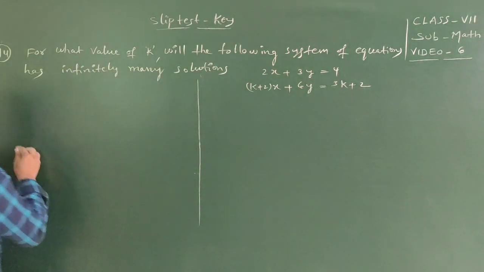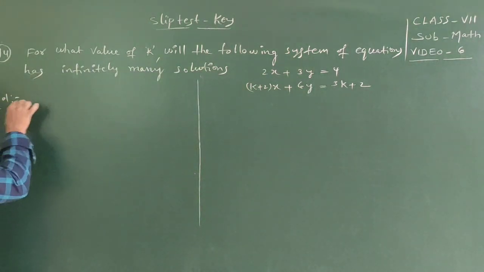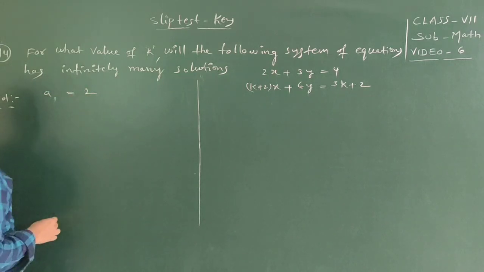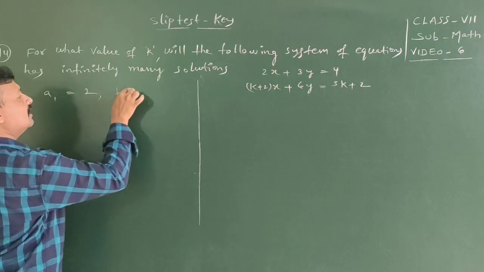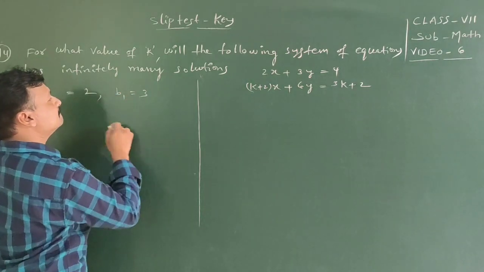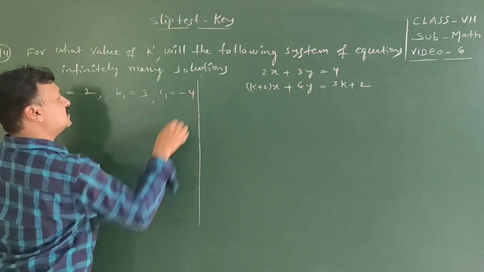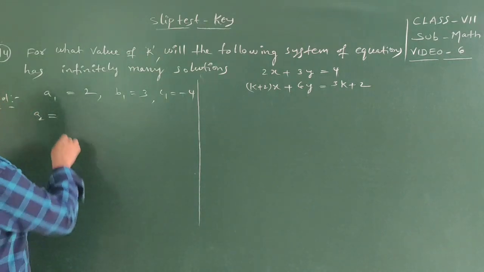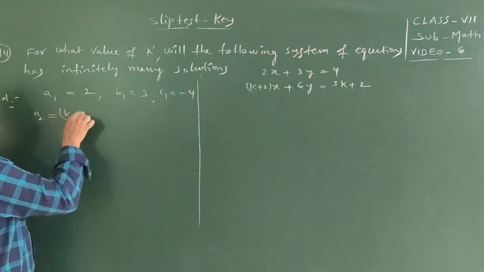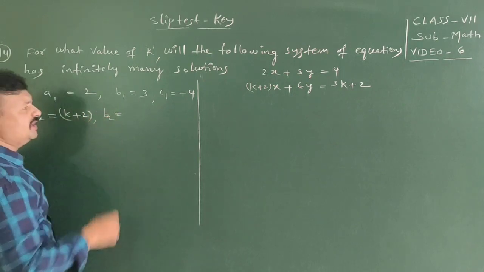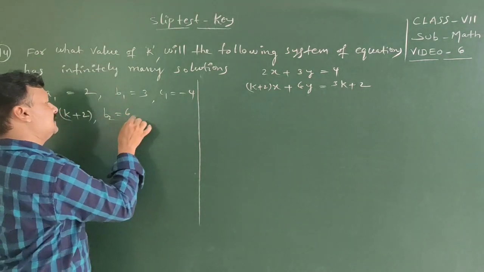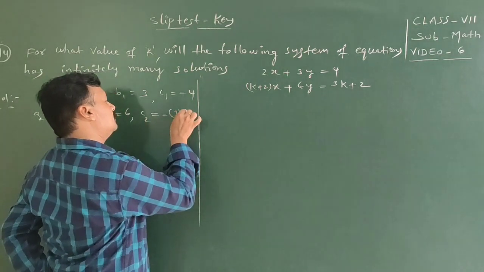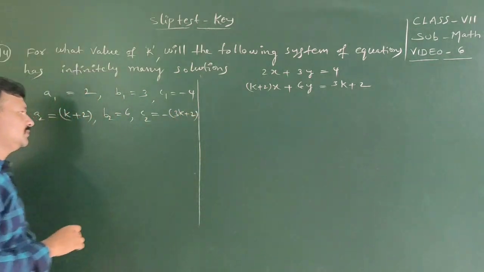From the given equations, a1 equal to 2, b1 equal to 3, c1 equal to minus 4. Here a2 equal to k plus 2, b2 equal to 6, c2 equal to minus of 3k plus 2.